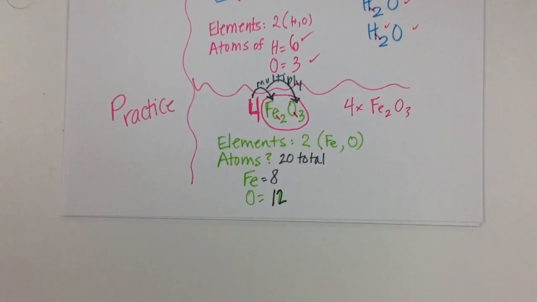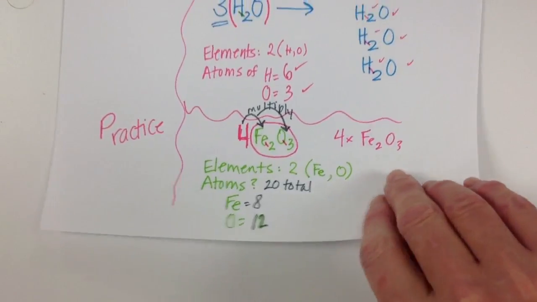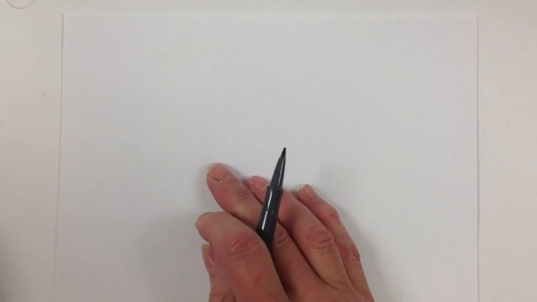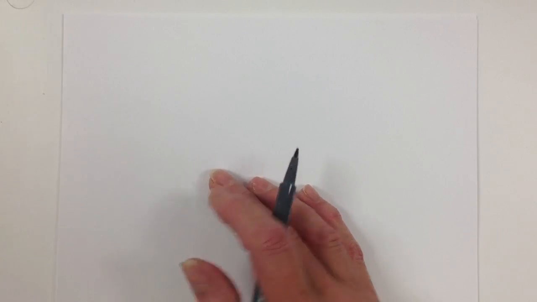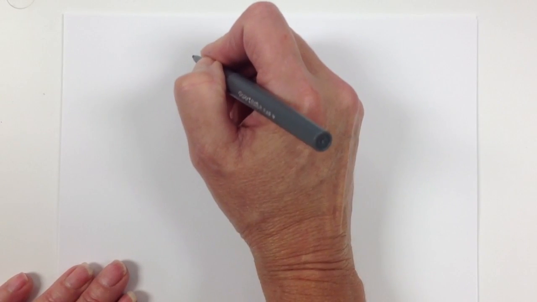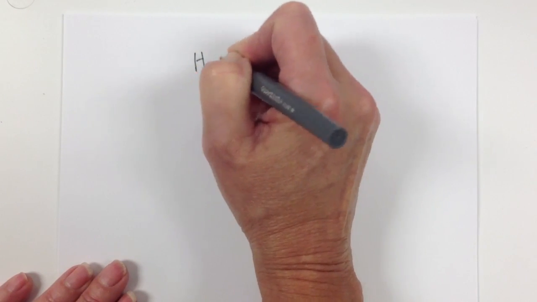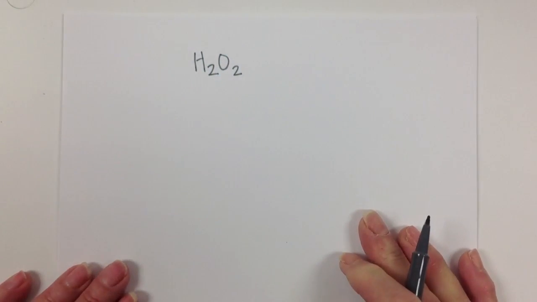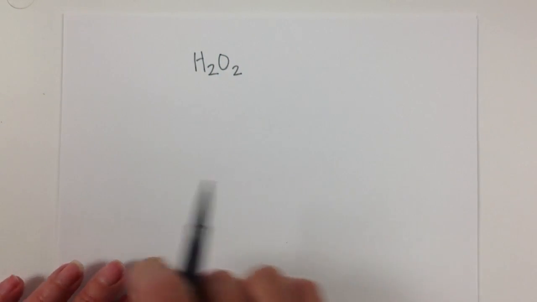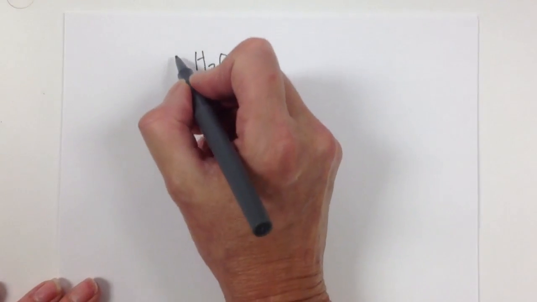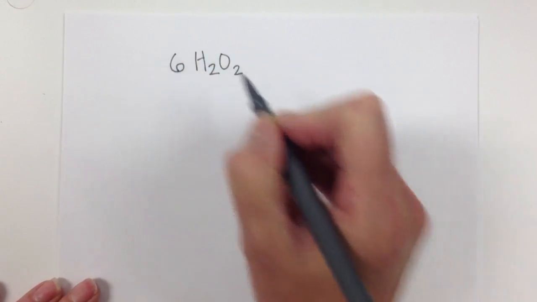All right, let's practice again. Let's do one more together, and then y'all can work on some independent practice. Let's do H2O2, hydrogen peroxide, and let's say we have 6 of these.